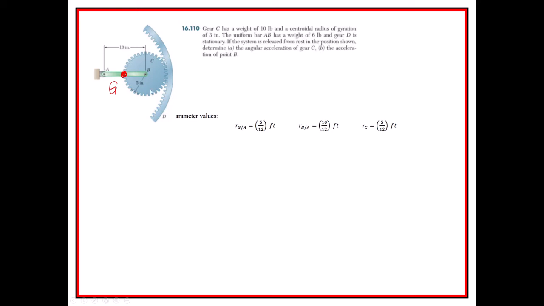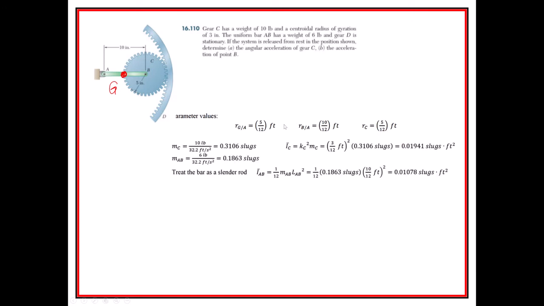And RC is the radius, and that's 5/12. So the mass of C is this many slugs, and the mass of A is this many slugs. We're just taking care of that out front instead of doing it while we go along.